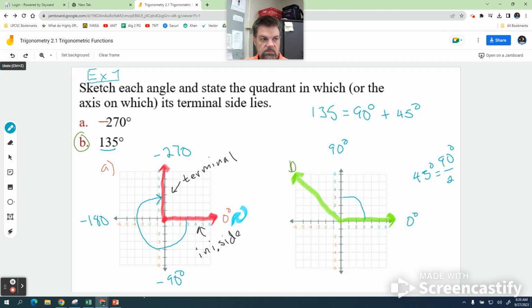Where this part is 90 degrees, and then this part right here is 45, but together it's 135. Also, we're asked to label these things, so this is the initial side, and this is the terminal side.